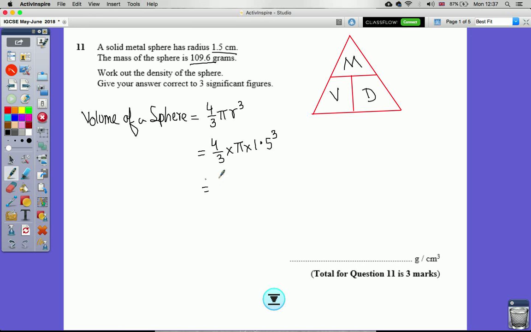I will get 9 over 2 pi. Let's keep it in terms of pi. We'll convert it into three significant figures later after I've done my final calculation.